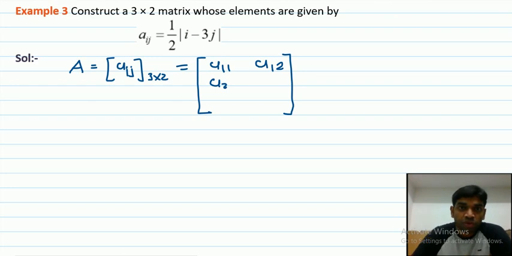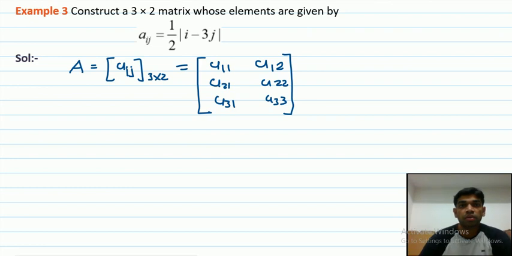Again second row and first element, second row and second element, third row and first element, third row and second element. So this Aij means A11, A12, A21, A22, A31, A32.